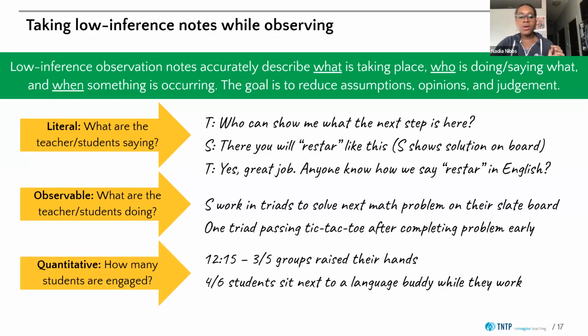When we think about low inference notes, what we are actually collecting is data. We are collecting neutral data that has absolutely no judgment to it. And we are using that in our conversation to just hold up a mirror. Because we as teachers are taking in a bajillion data points at a time.